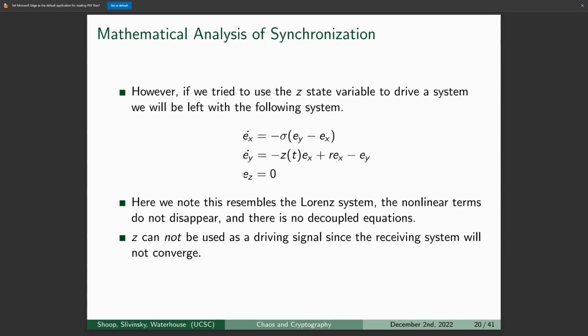The only thing we're missing is the z, but that hurts us because now we have two equations and three variables, and it's very hard for us to solve this. And so there are no solutions that show that these systems are going to converge. So E sub x and E sub y are not going to converge. This leads us to the conclusion that z cannot be used to synchronize two chaotic systems.